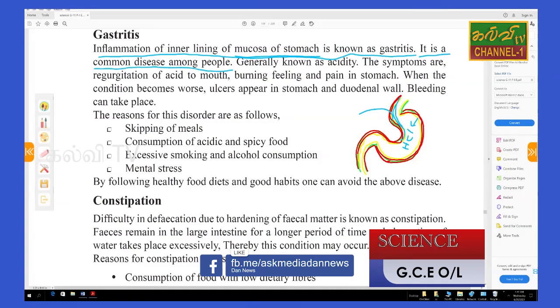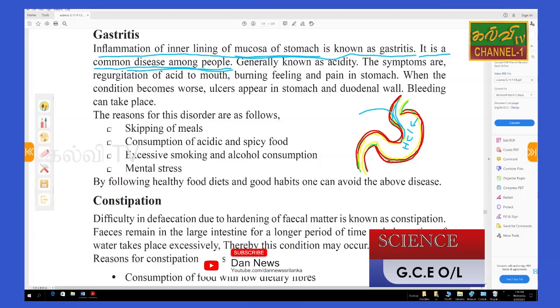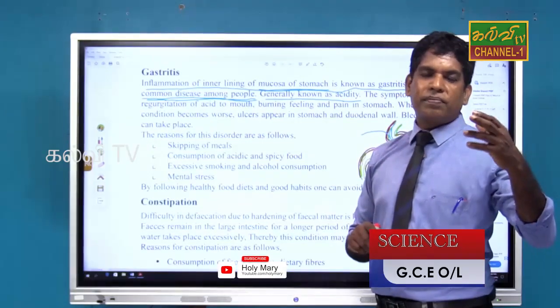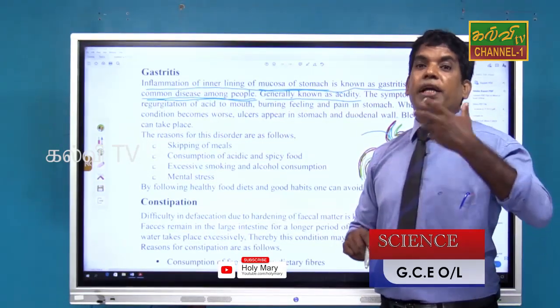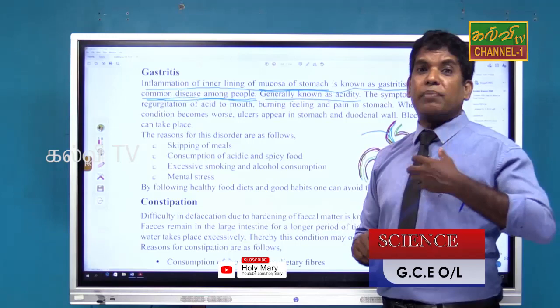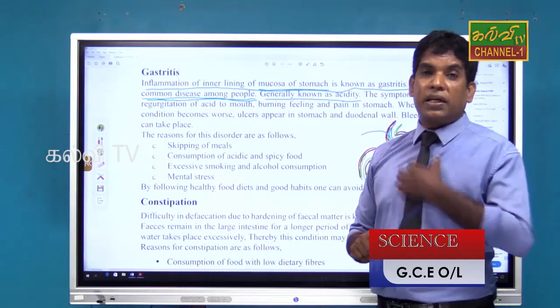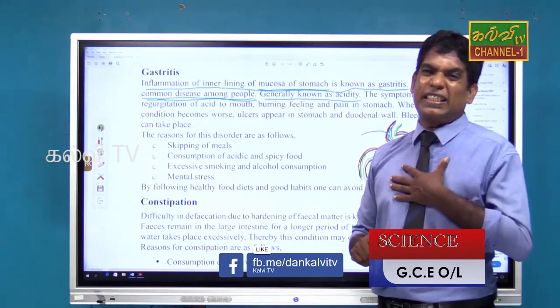Why? People who don't eat food in time may have this condition, generally known as acidity. You know, sometimes people in day-to-day life say, I feel burning in the esophagus, right, the chest.